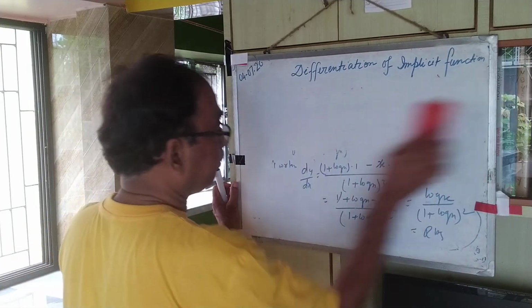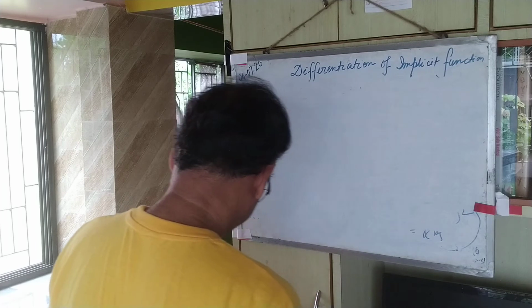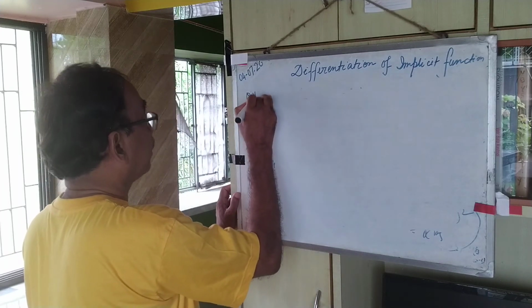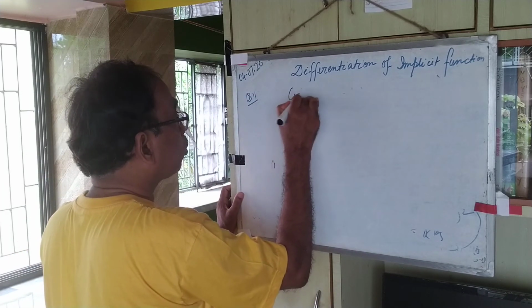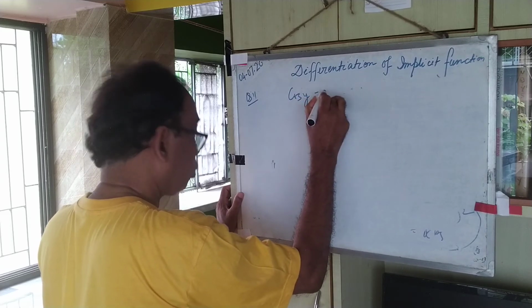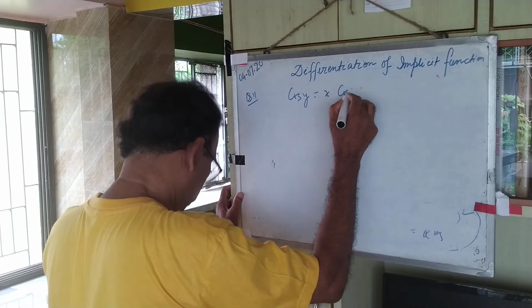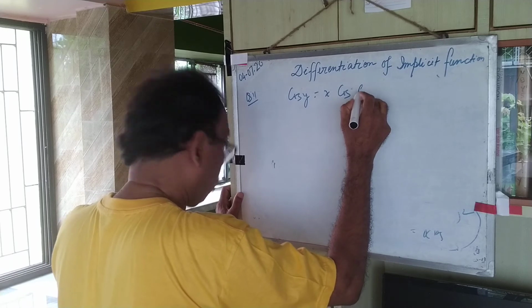Sum number 11. Cos y equals x cos y plus a.